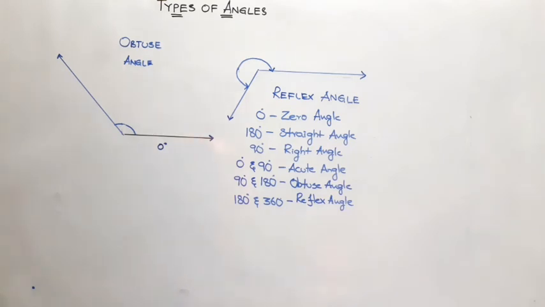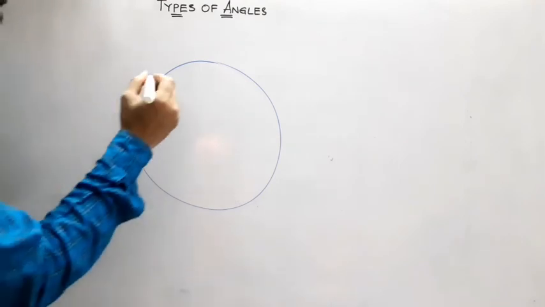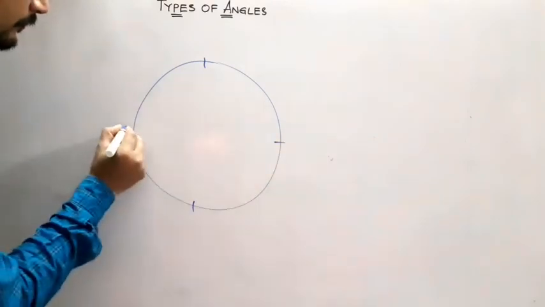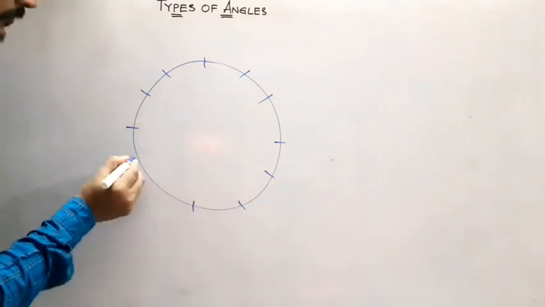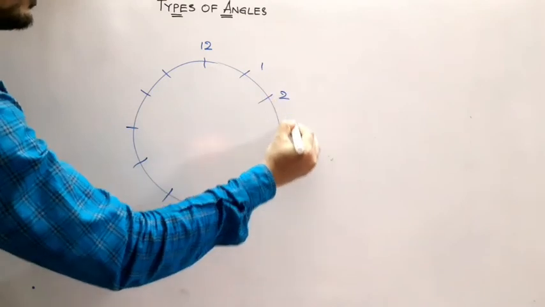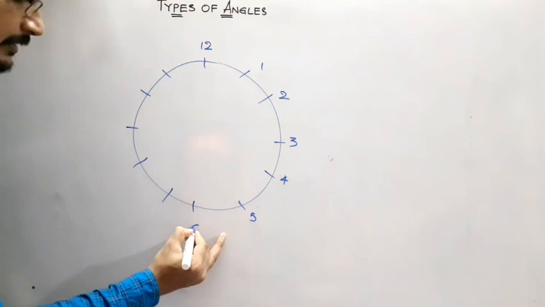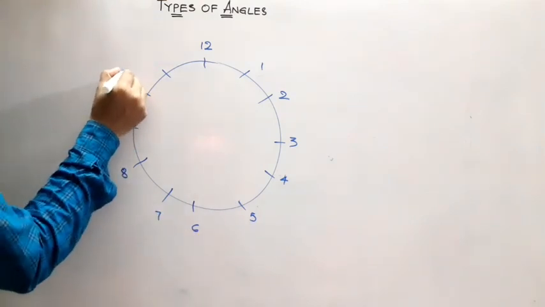Now, there is a small concept after this. Please check it. So, consider this as a clock, children. Now look. We will have 12 divisions, starting with 12. 1, 2, 3, 4, 5, 6, 7, 8, 9, 10, 11.